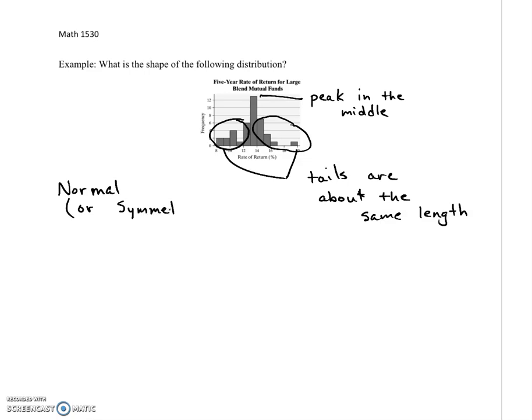Symmetric's another word. The other word we use for normal is a bell-shaped curve. You can't really see it here, but these things look like this.